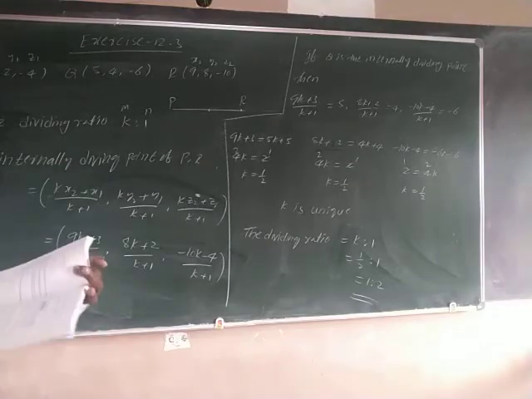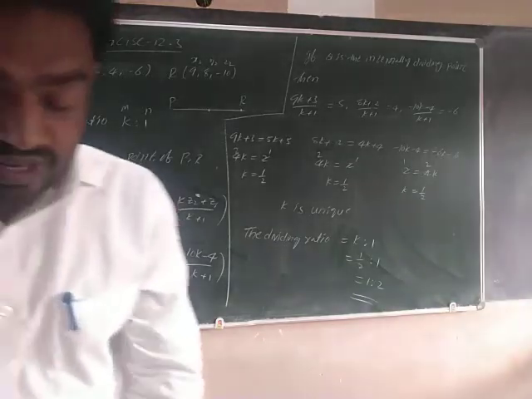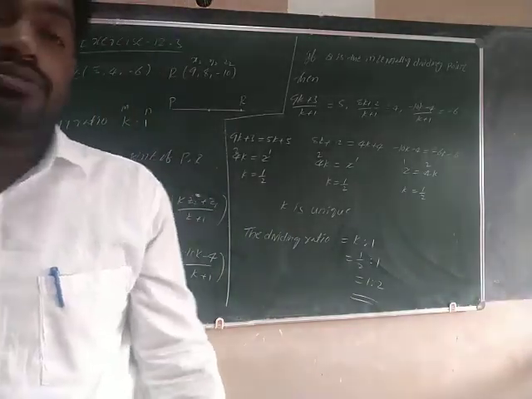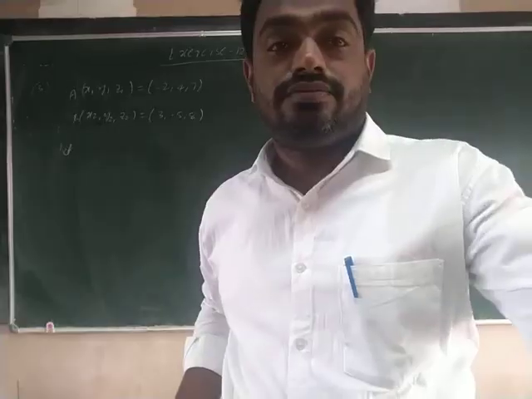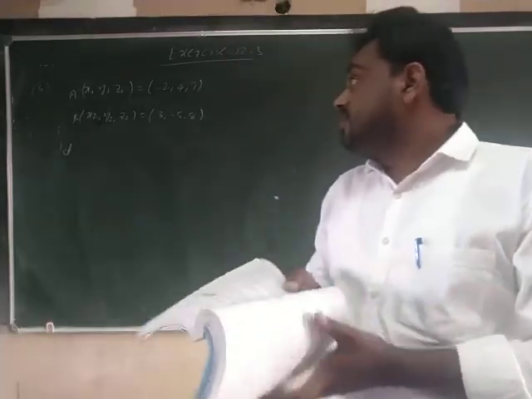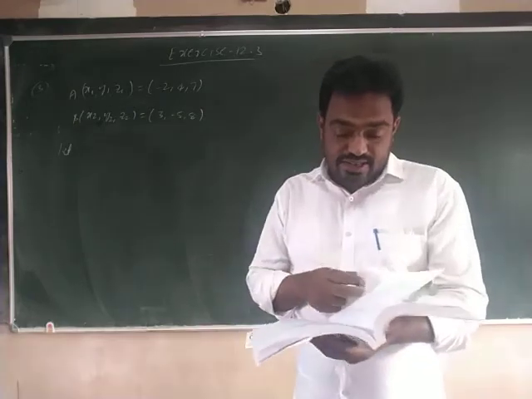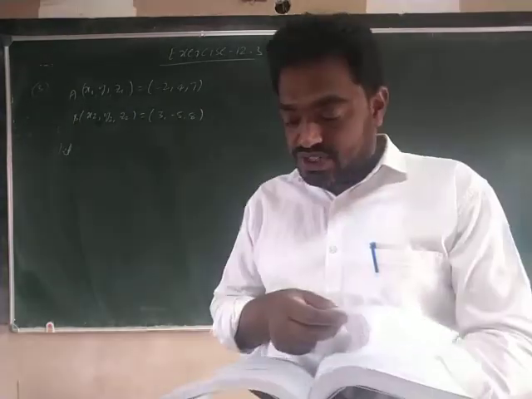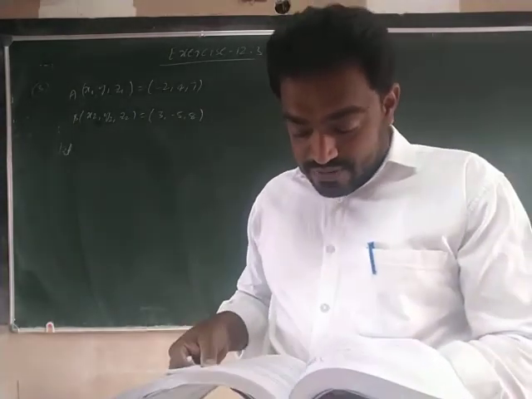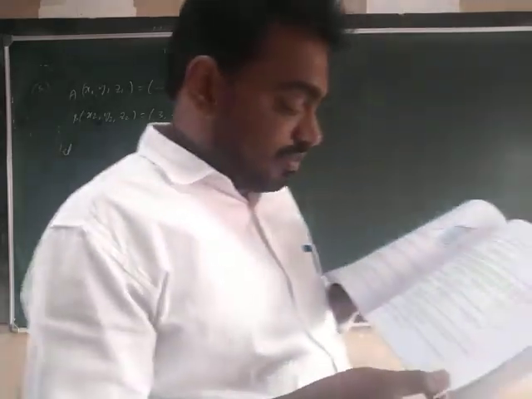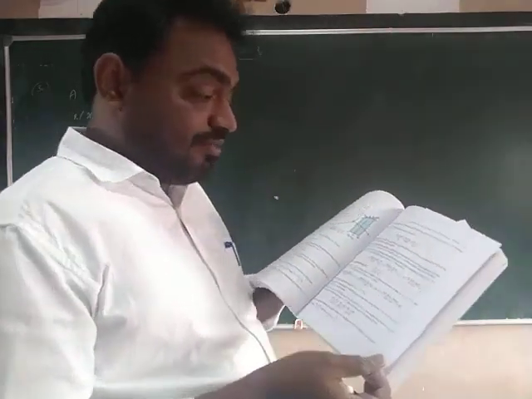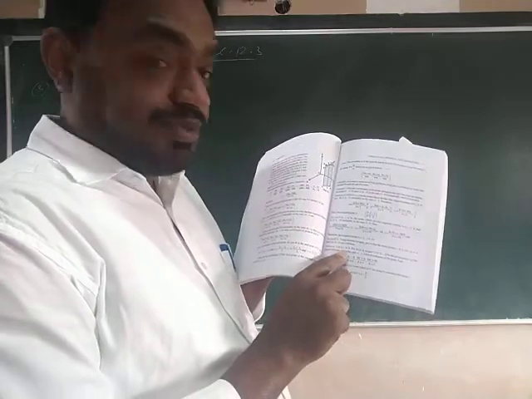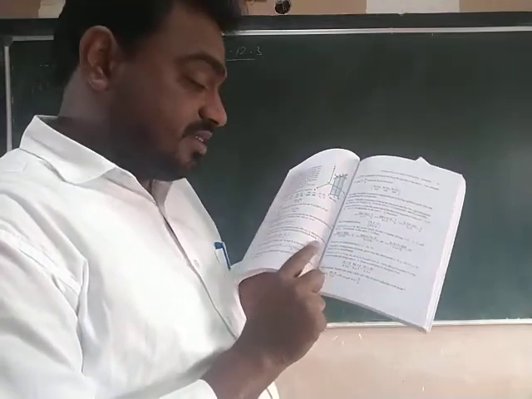So this is the second question. Next, the third question. Similarly to the second question, we have example number 8. You solve it by a similar method, the same method.